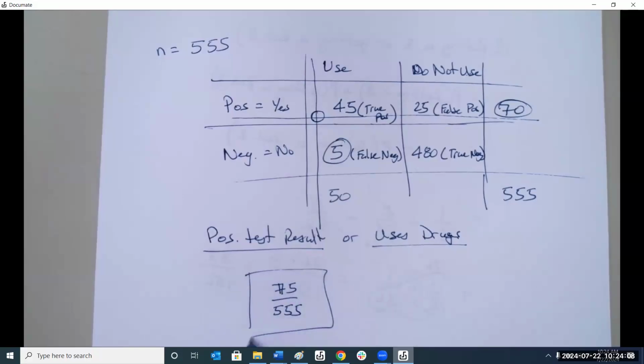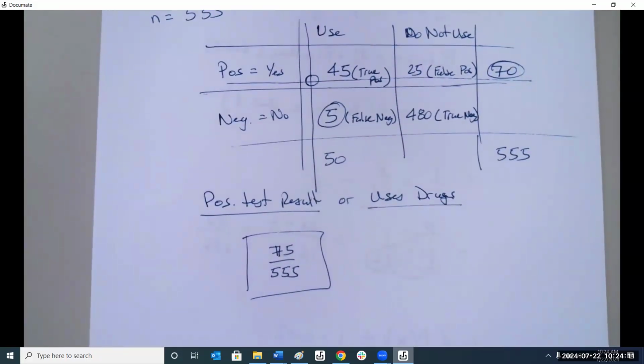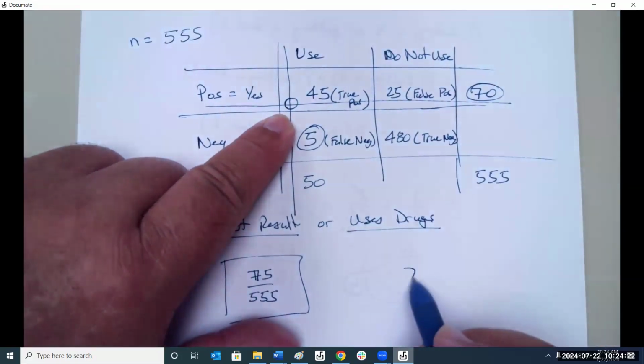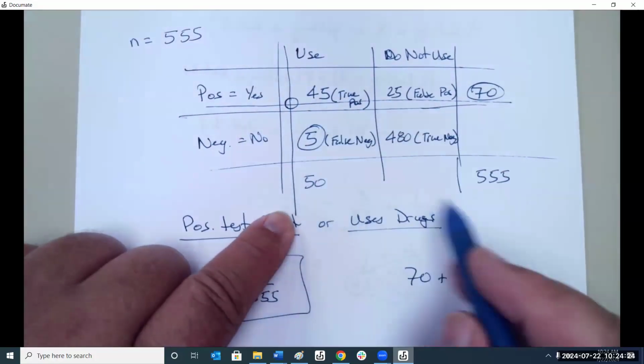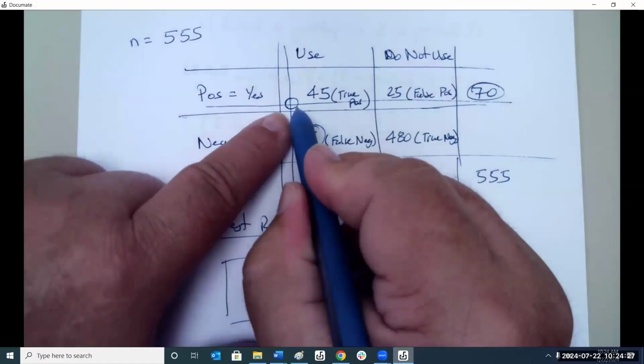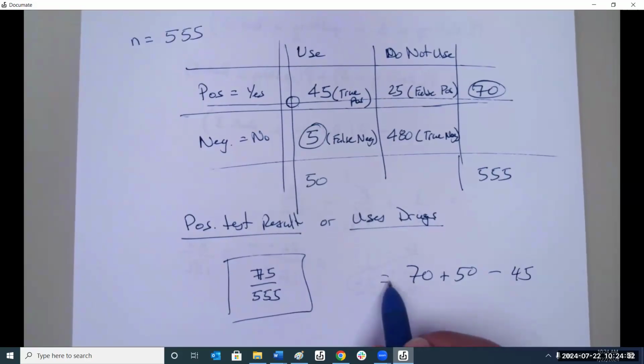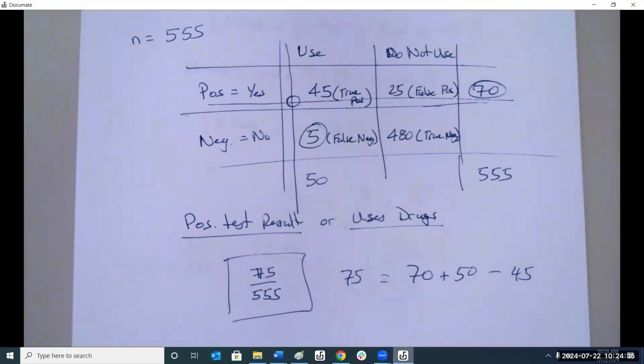That's the probability of getting a positive test result or the person uses drugs. We can also take these 70 plus these 50 and subtract where they overlap, which gives us 75. That's how we have to treat the data whenever we have overlapping data.